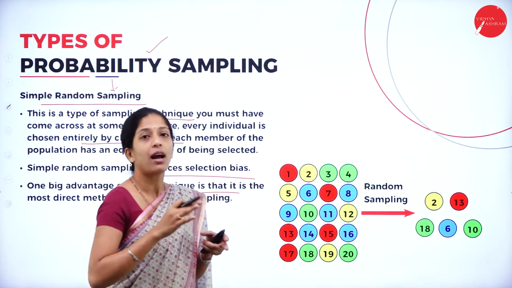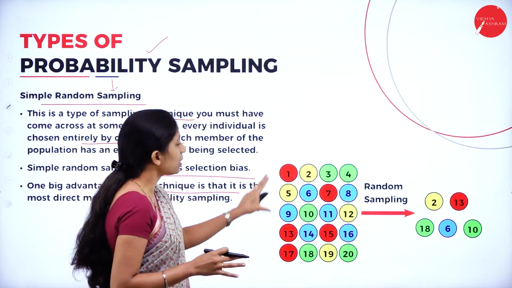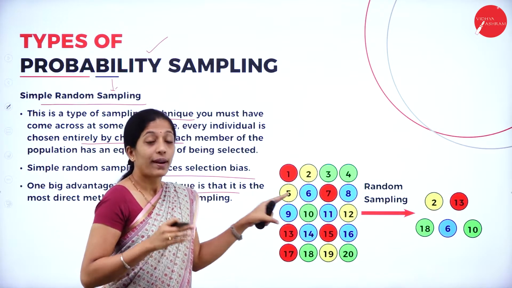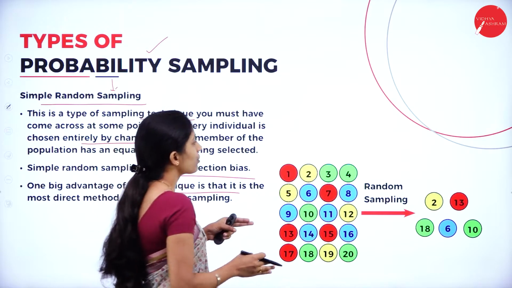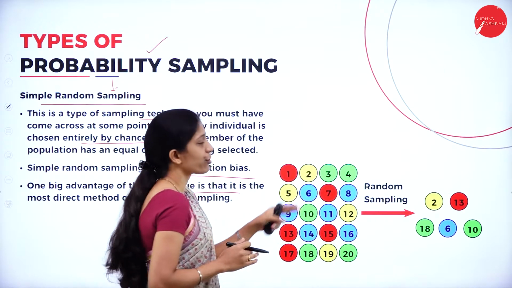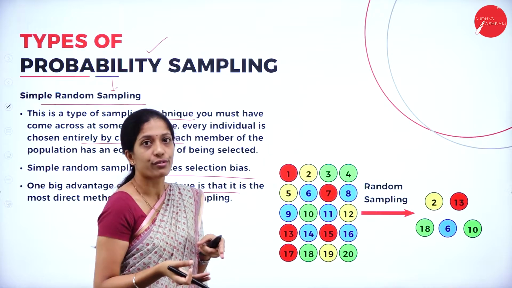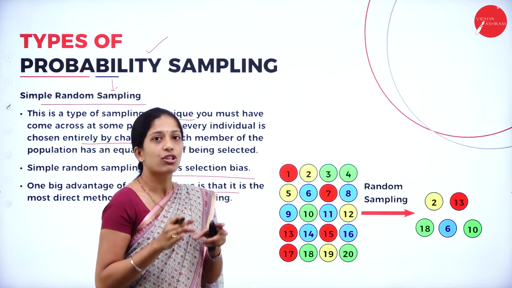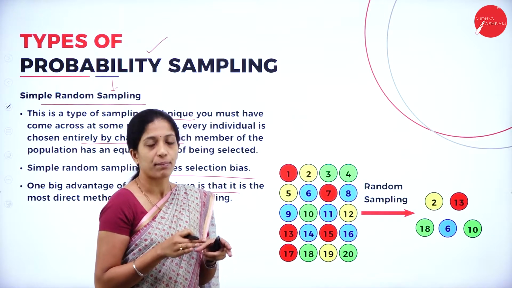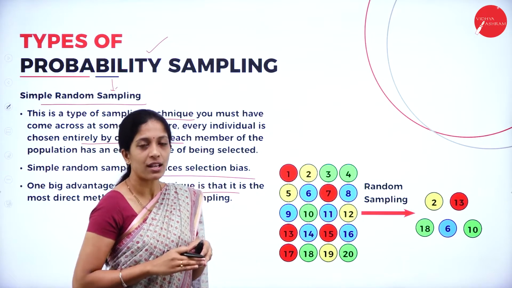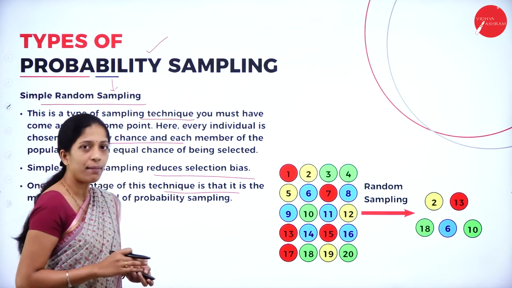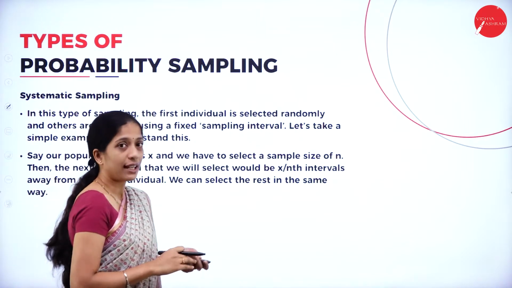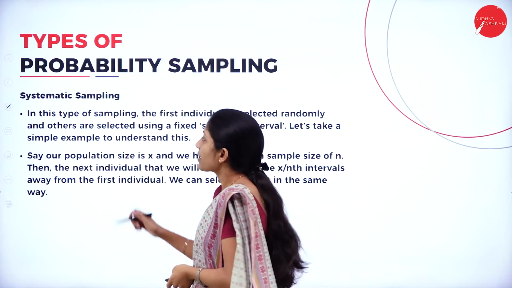Now here all the 20 individuals, or the 20 sample units, have an equal chance to be selected. So instead of 2 I can take 3 also. Instead of 3 I can take 4 also. So all the individuals in this particular random sampling have an equal chance to be selected. Okay, so that is known as what? Simple random sampling.